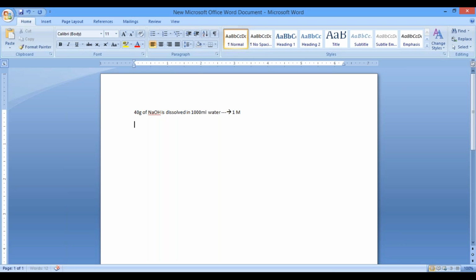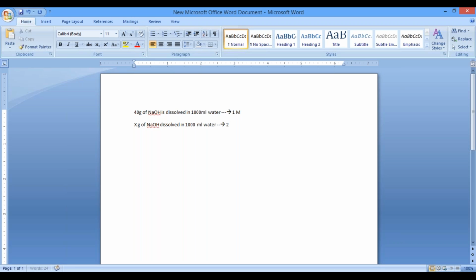Now you don't know how many grams of sodium hydroxide are required. X grams of sodium hydroxide dissolved in 1000 ml water will give you how much molar do you want?